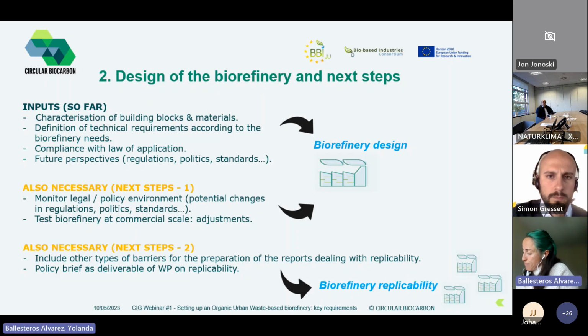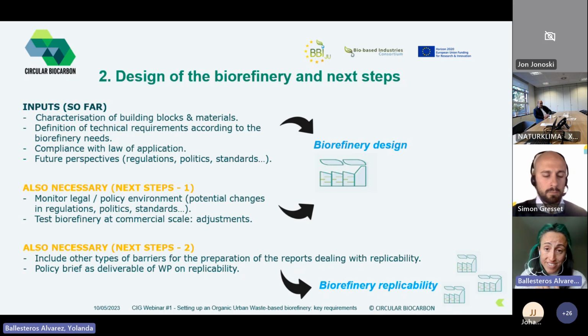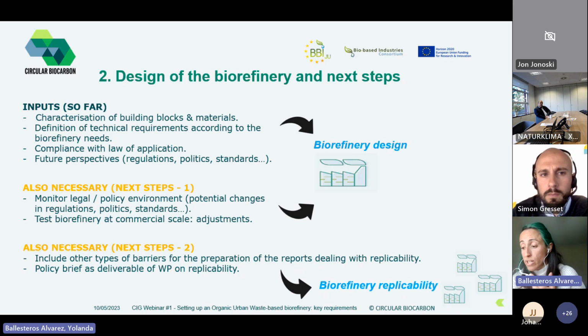Okay, derived from the study in circular biocarbon, as well as from other sources, what seems clear is that barriers exist in relation to the design, planning, or implementation of the biorefineries. In the case of circular biocarbon, those barriers, together with other types of information prepared in the last few months, have been the input for the biorefinery design.